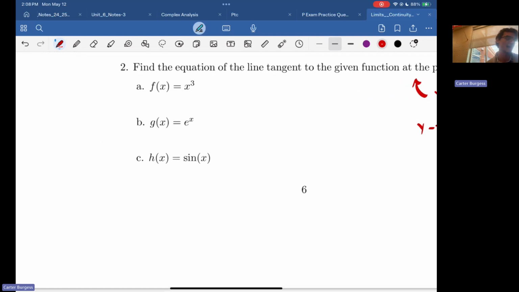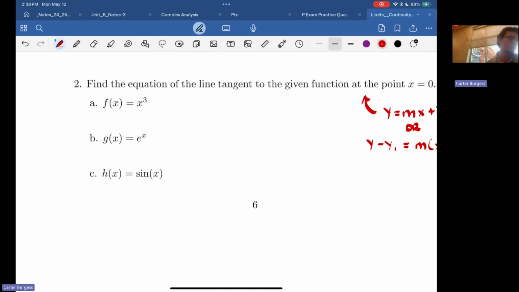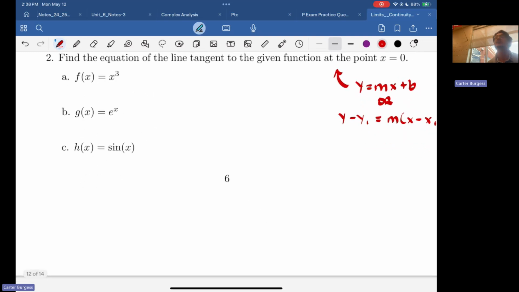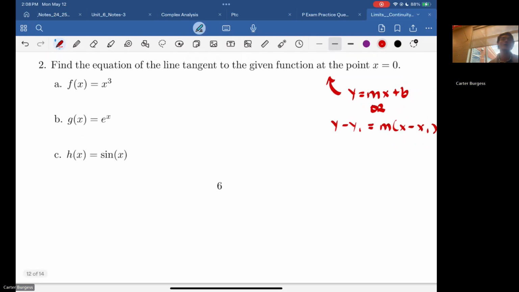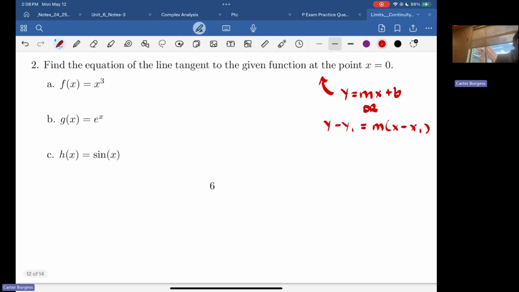So for instance, let's take a look at example C here. What is the point that goes with an x value of 0? How do I find that? If the point that I care about is 0, what is the accompanying y value?